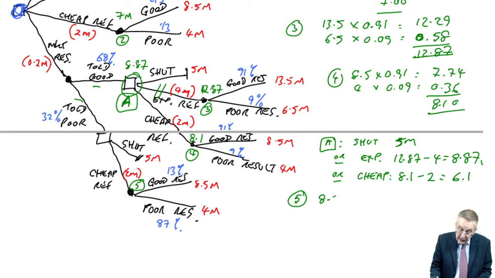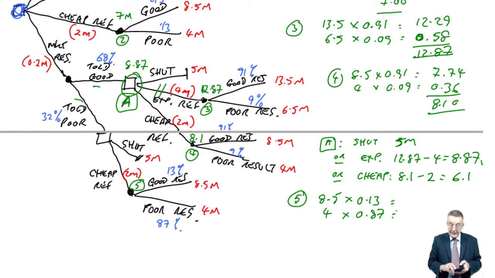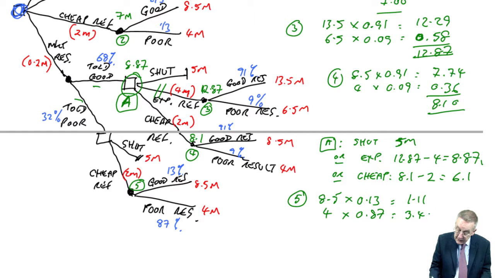Good result, 8.5 million. Poor result, 4 million. Probabilities 0.13, 13%, and 0.87, 87%. That gives 1.11 plus 3.48, so 4.59.